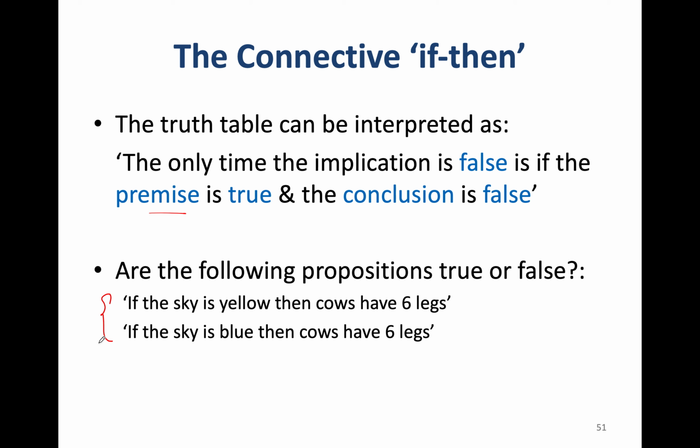You can stop the video and try to figure out whether these four propositions are true or false. We've got: if the sky is yellow, then cows have 6 legs. If the sky is blue, then cows have 6 legs. So you can see here whether those propositions are true or false, and you can go back to this statement.